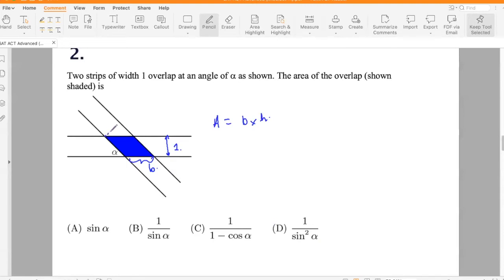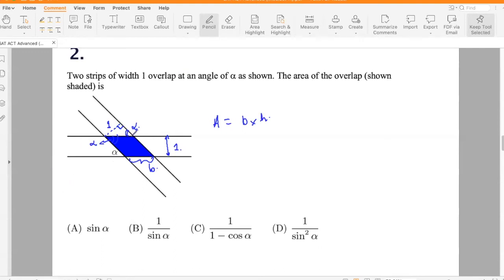Let's say I need to find the base. So let me drop a perpendicular like this. So this distance is 1. Now, if this is alpha, then this angle inside is also alpha, and so this angle is also alpha because these will be alternate interior angles, right?